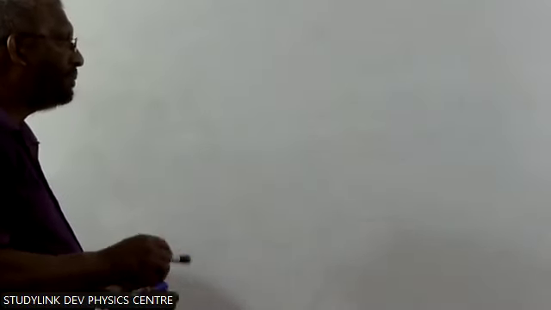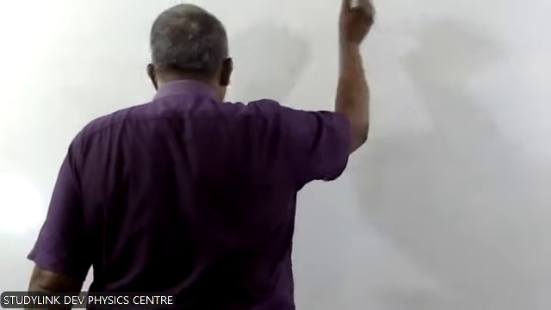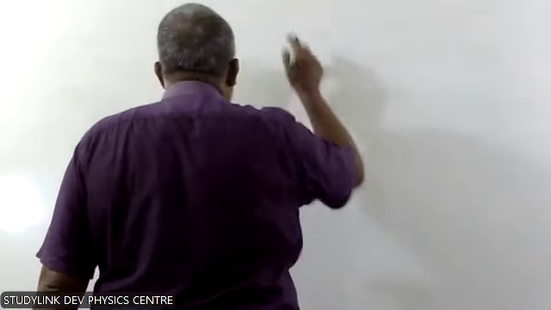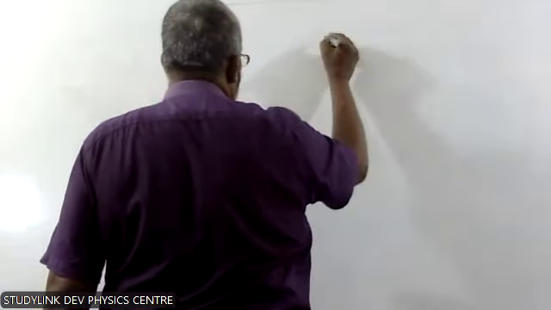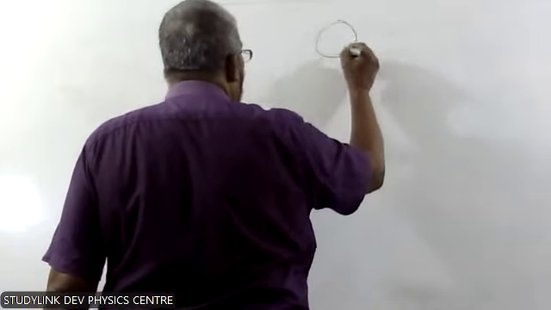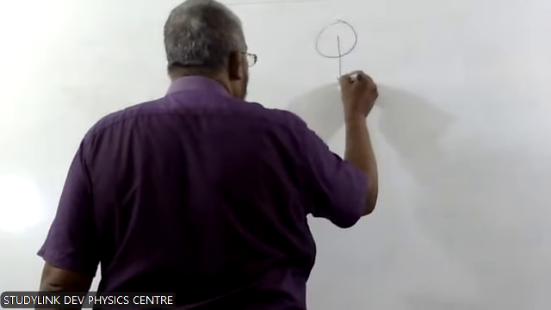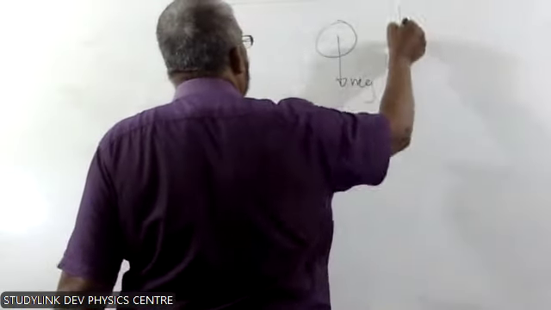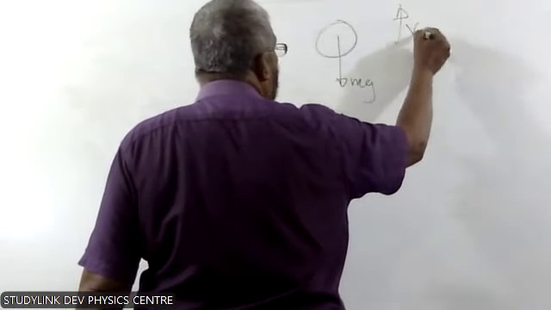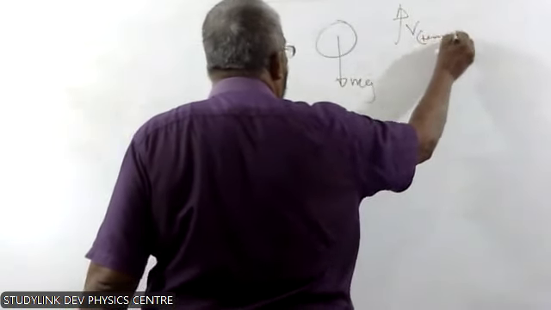Now, the next one, write it in. When the sphere is moving upwards, I'm not going to explain like earlier, I'll do it quickly. mg is downwards, this is moving upwards. v is the terminal velocity.